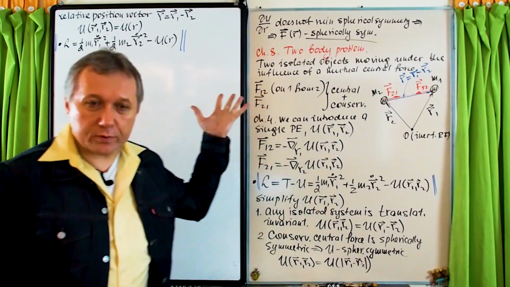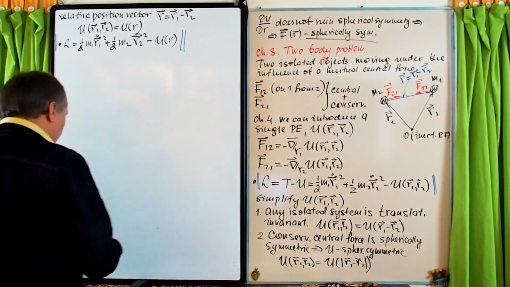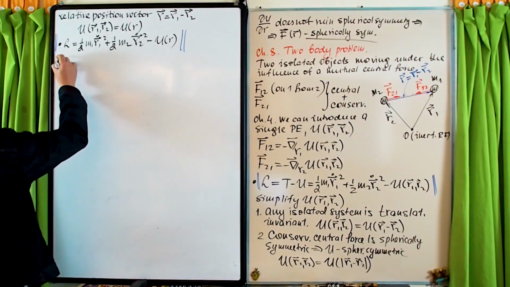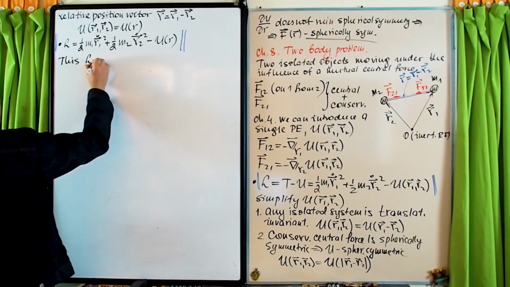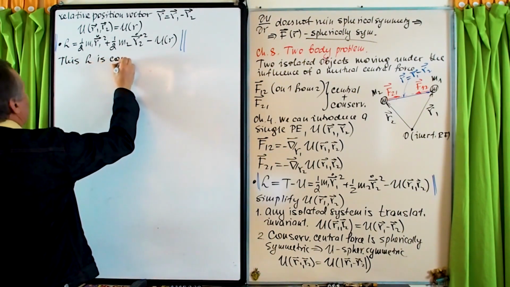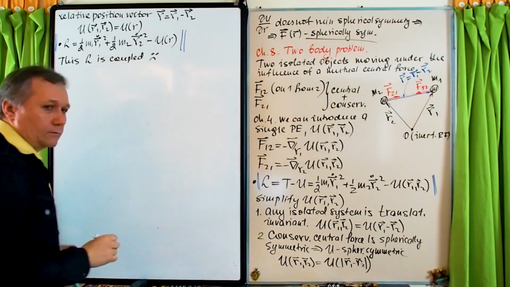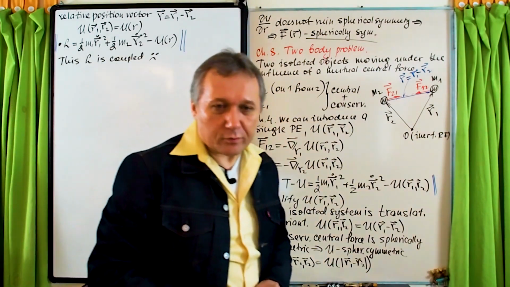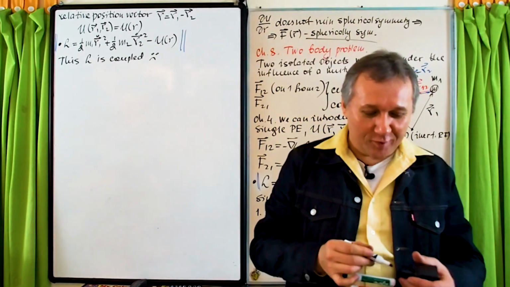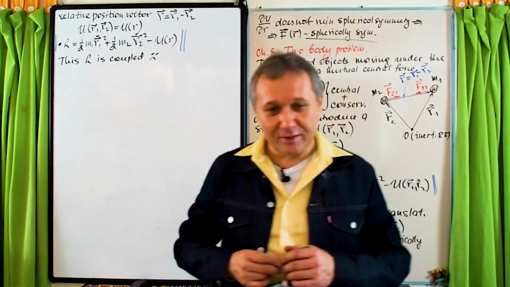Otherwise, there's nothing wrong with this Lagrangian. So this Lagrangian is coupled, and it's not good. It's not wrong, it's not bad, it's just not good. Maybe we can simplify it.